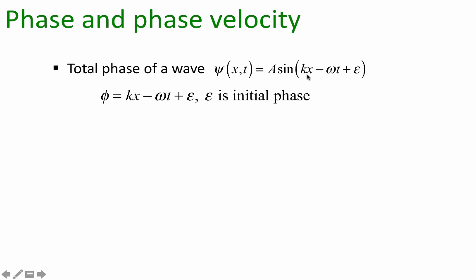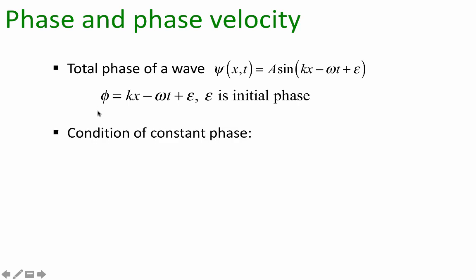That's the phase. In other words, it says, where are you in your peak or trough? Where are you in the cycle of the wave at some particular time or position? It tells you the phase of the wave. Epsilon we're going to write as the initial phase so that we don't confuse initial phase with total phase phi.